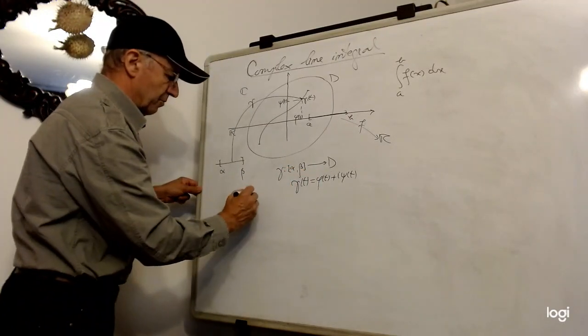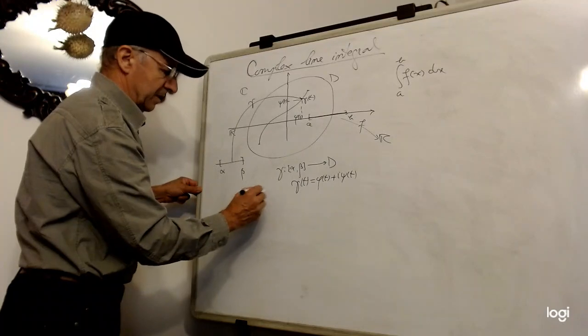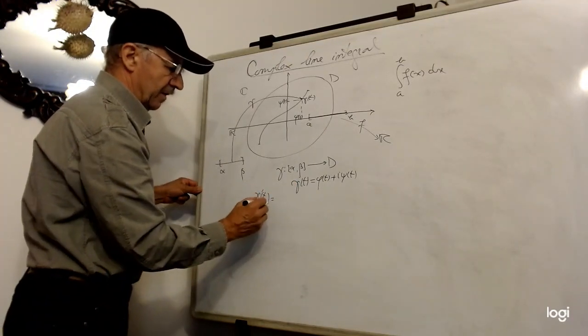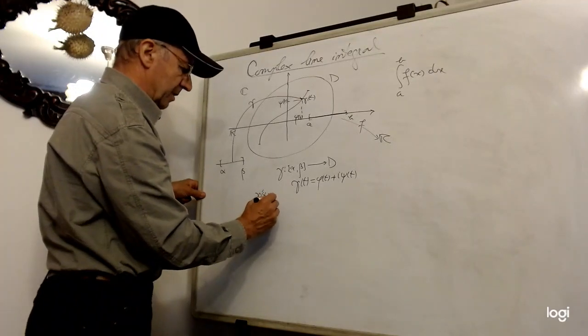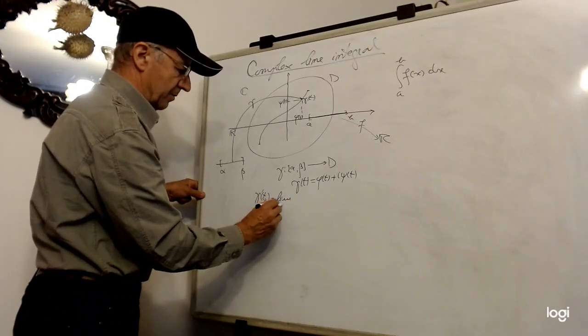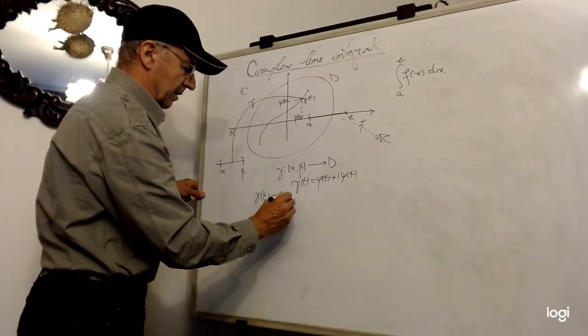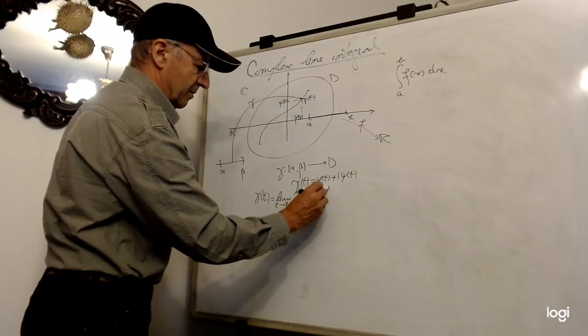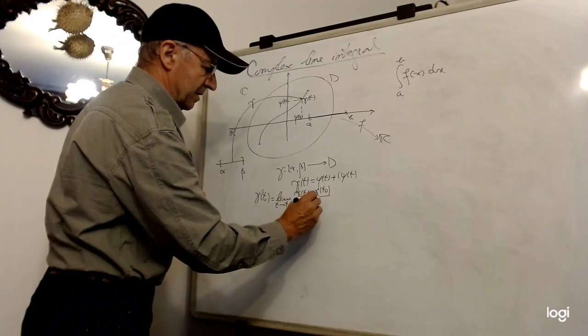If you compute, for example, the derivative of gamma at a point t0, this will be a limit, the usual definition, t going to t0, gamma of t minus gamma of t0 over t minus t0.